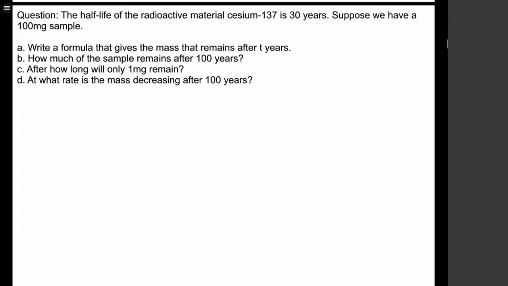Then we have a few things we want to do: write a formula that gives the mass after t years, find how much remains after 100 years, find after how long only 1 milligram will remain, and find at what rate the mass is decreasing after 100 years. So, let's look at this.